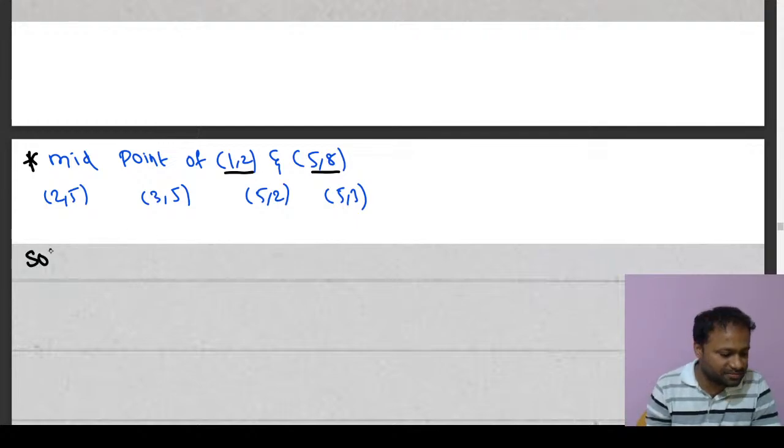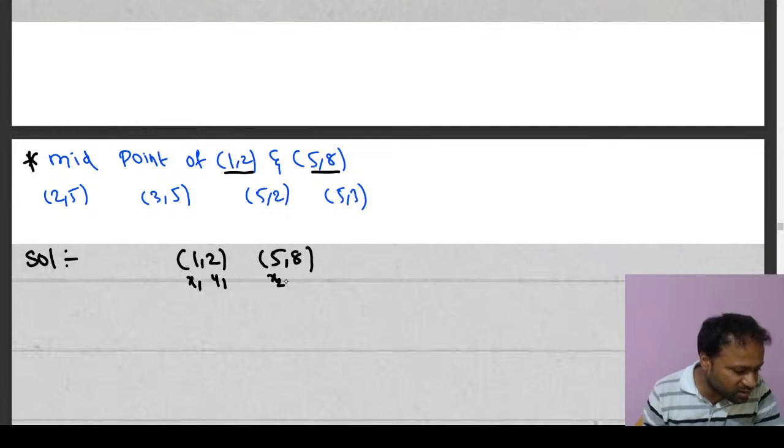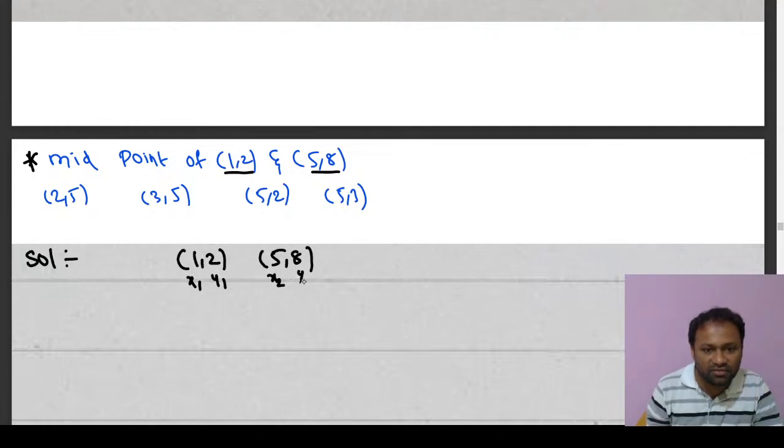Solution. Midpoint formula. So ordered pair 1 comma 2 and ordered pair 5 comma 8 given. So this is x1 as well as y1, x2, y2. So Kavya says 3 comma 5.